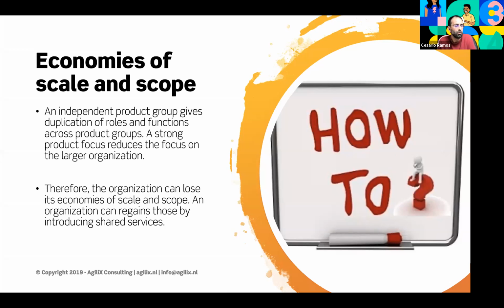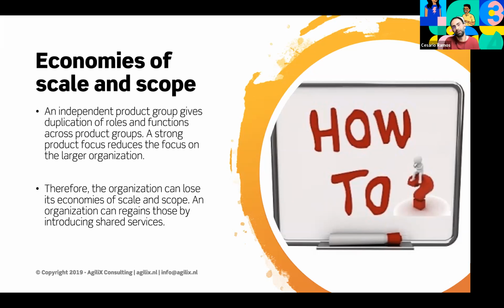But that usually means that you have to make decisions about whether we are going to duplicate stuff. Are we going to duplicate sales, or are these product groups going to have little sales departments, little security departments? Are we going to duplicate certain functions across all the product groups? And that's good, because that will make us independent, at least from the local perspective of the product group.